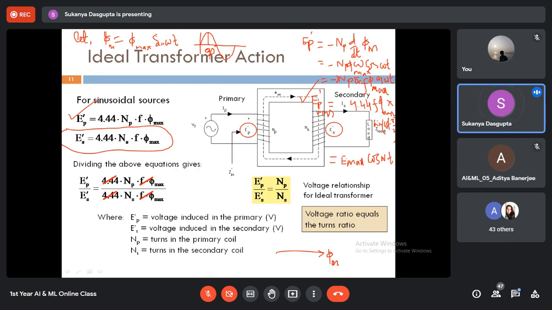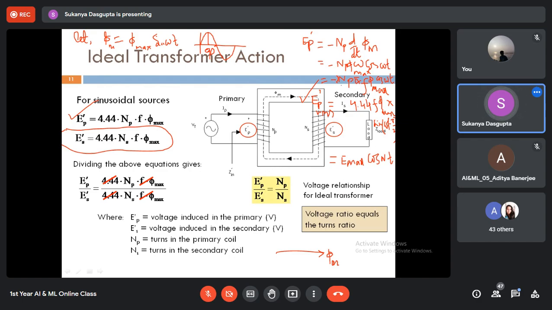And what is E max? E max is twice n times pi into f into phi m. This constant term is E max actually. E max is the maximum voltage.